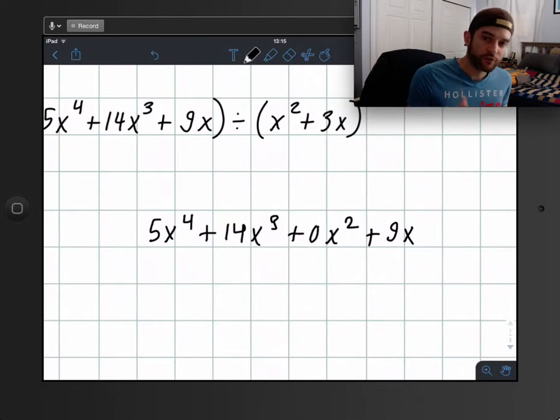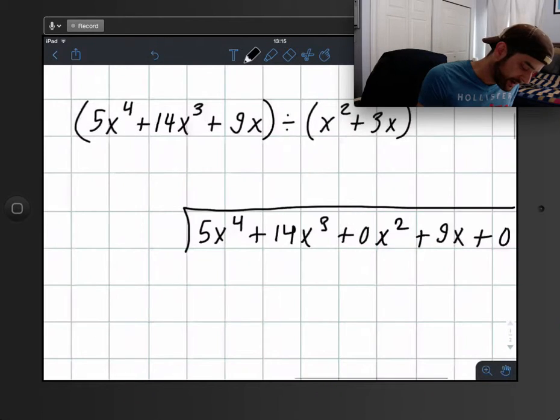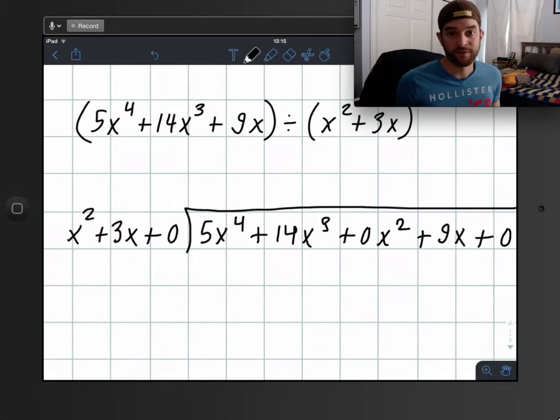But don't forget that there's no constant on the end, so I need a plus 0 on the end to represent the constant. There's my division bar. And as with the last example, I do have a term missing in the divisor, and that is the constant, so a 0 goes on the end of that as well.